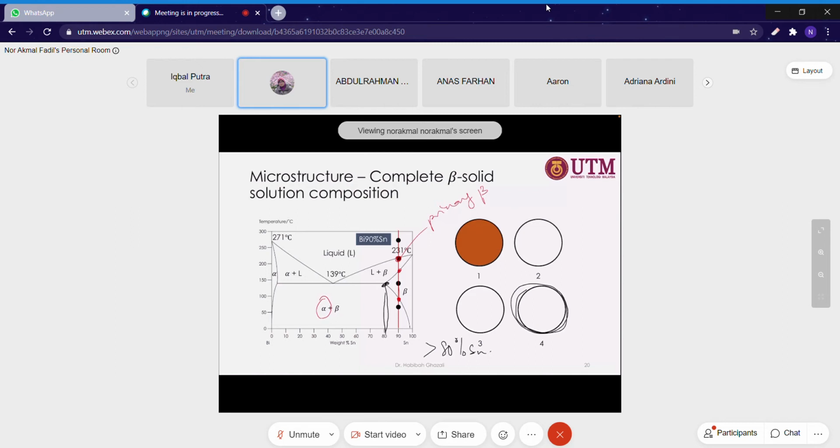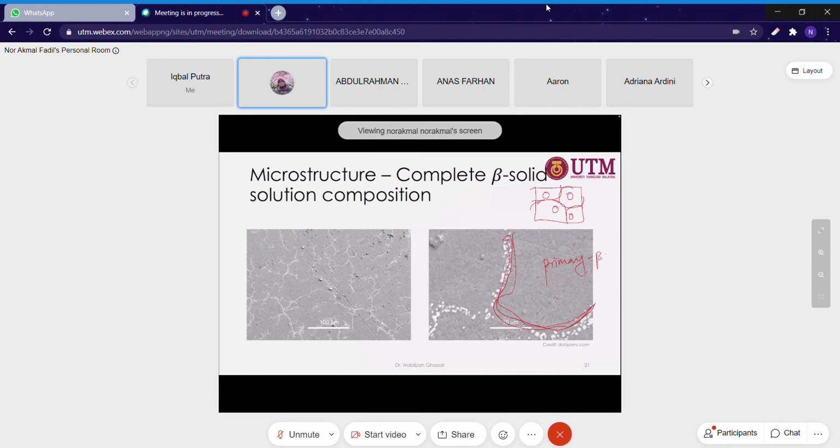Originally it is only one single phase, which is beta. When the temperature cools below these limits, two phases will form, and the new phase is known as alpha. Alpha will form at the grain boundary, because this region contains a lot of voids, so diffusion will easily occur at this point.